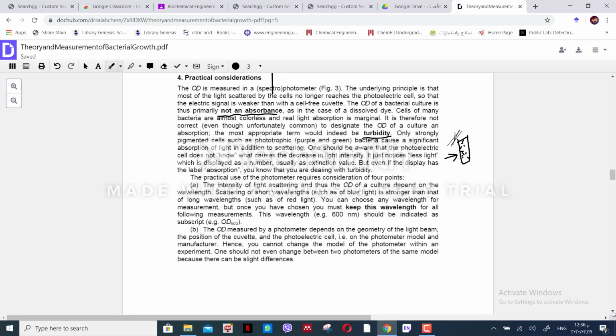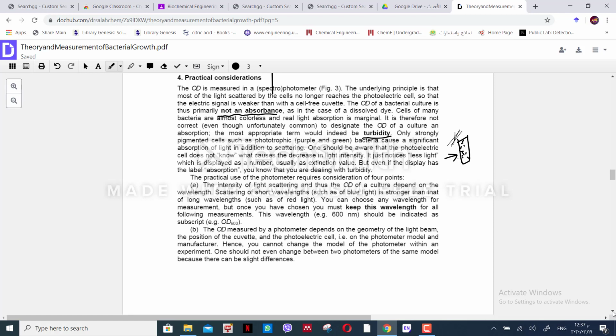We have two causes of decrease in light intensity. One of them is absorbance and the other is scattering of light when passing through the cells. So it just notices less light, which is displayed as a number, usually an extinction value, but even if the display has the label absorption, you know that you are dealing with turbidity.